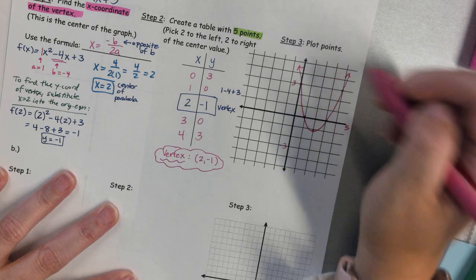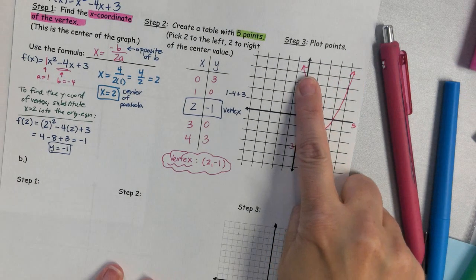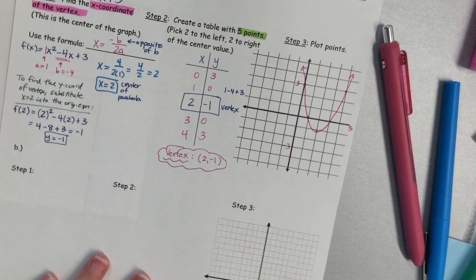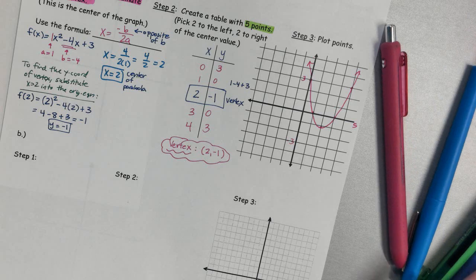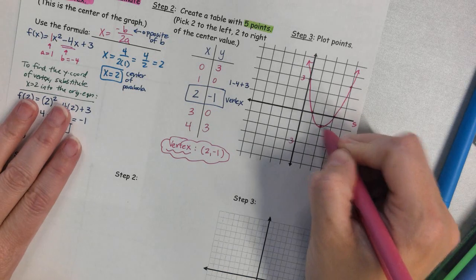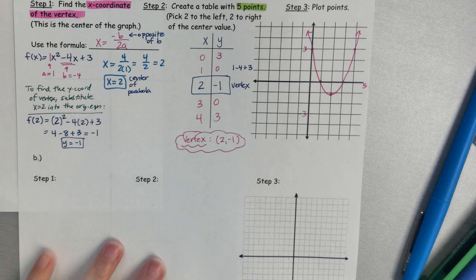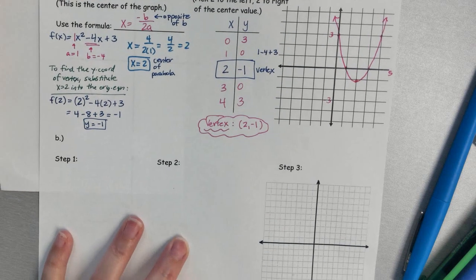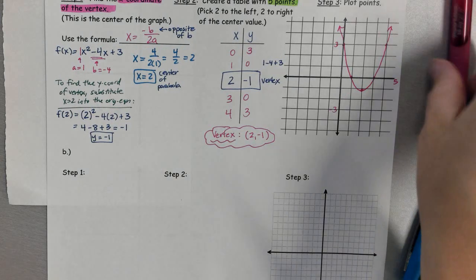Okay, and then will you make sure that you have the arrows on each end? So this, it doesn't stop at these points. It's going to keep going, so we have to notate that as well. And then make sure that your table looks like this. I came around and checked, and you guys had what I had, which is great. That's what your table needs to look like.